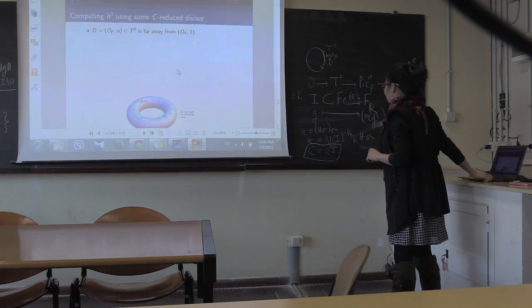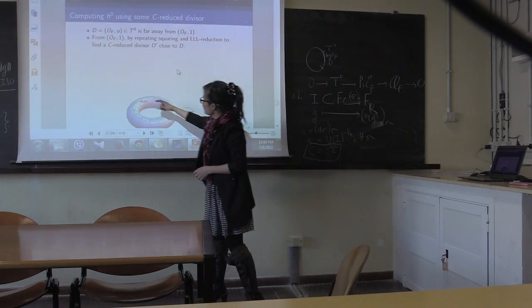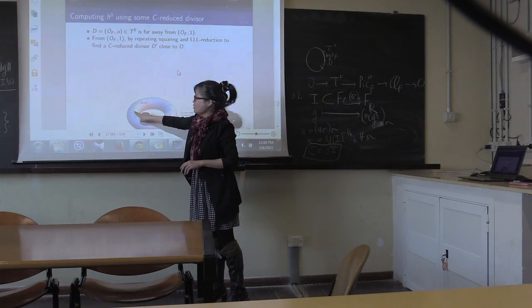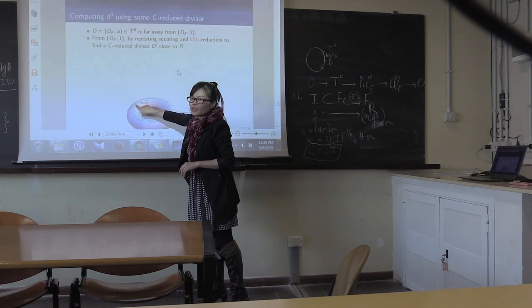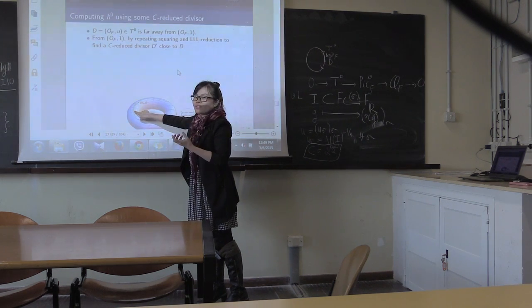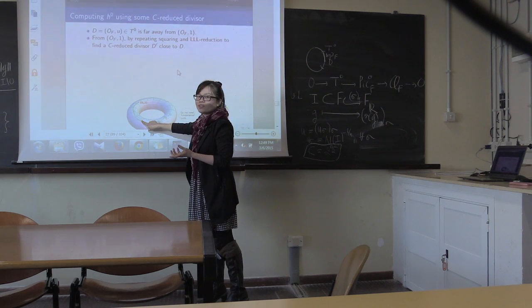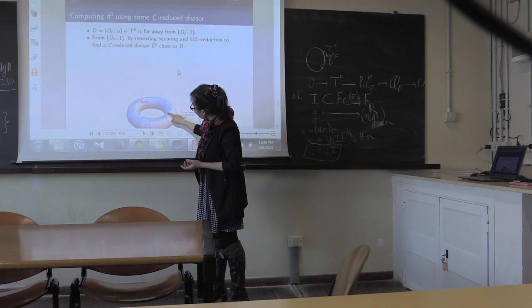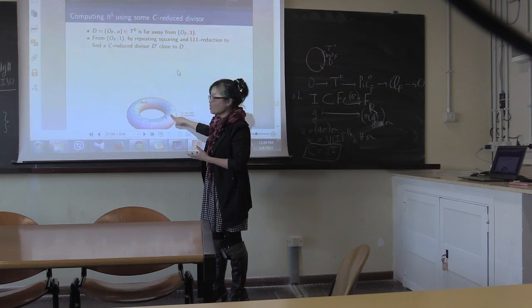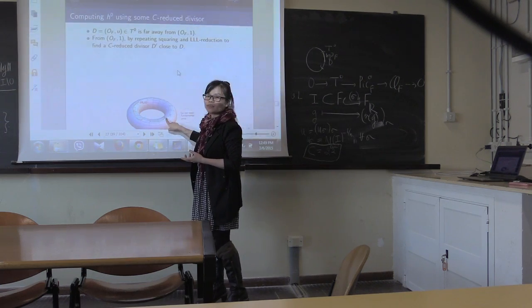And we do repeated doubling: you find some divisor D, D1 here, you double D and use the algorithm to reduce it, and then you double again and use the algorithm to reduce it, and double until you get to some D prime here, C reduced and close to D. And you use this divisor to compute at D.